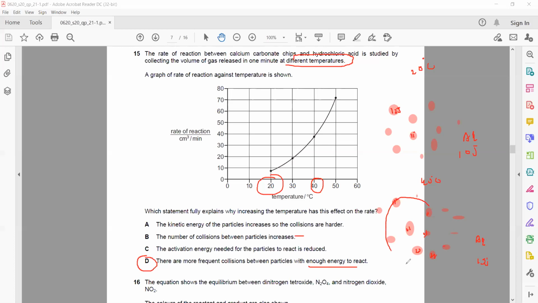That is also a reason the rate increases with the increase in temperature. The number of collisions increases, as well as a greater proportion of the molecules have energy more than activation energy.